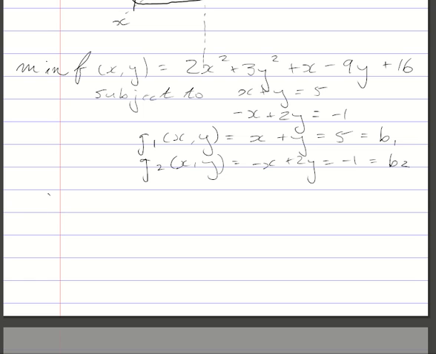Then we construct the Lagrangian function, which is a function of x, y, and two Lagrange multipliers because we have two constraints.